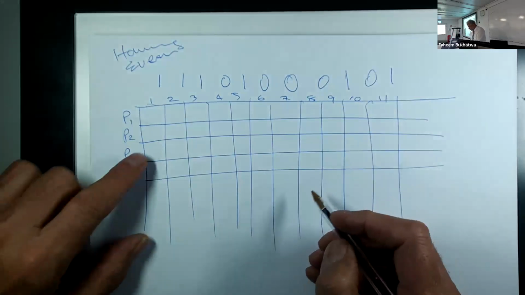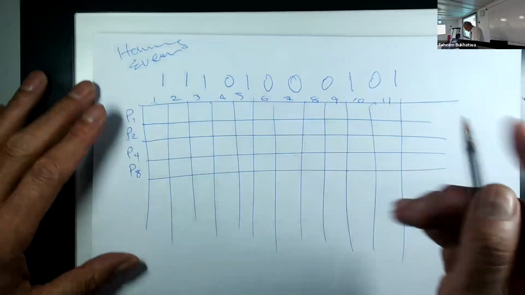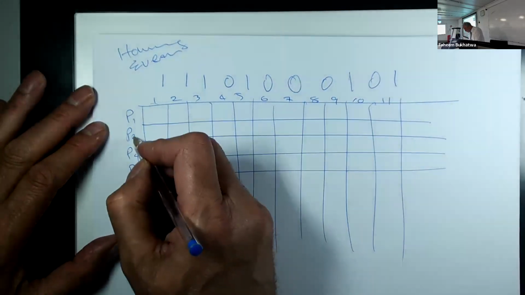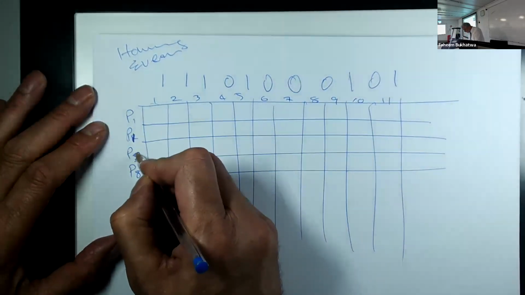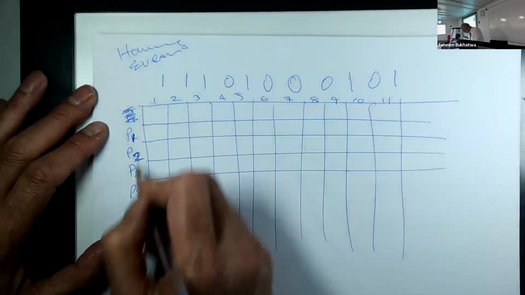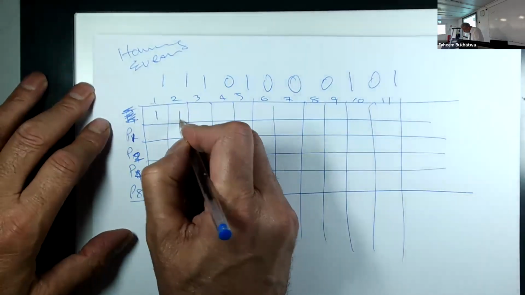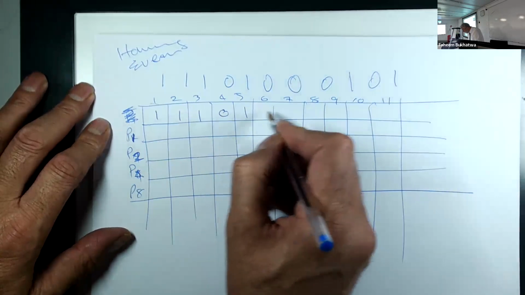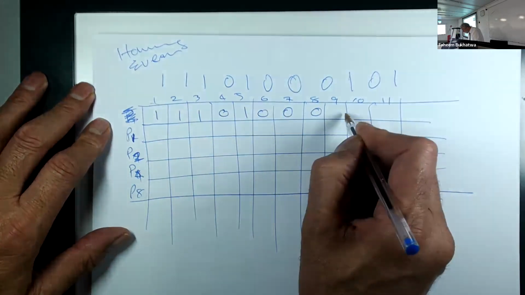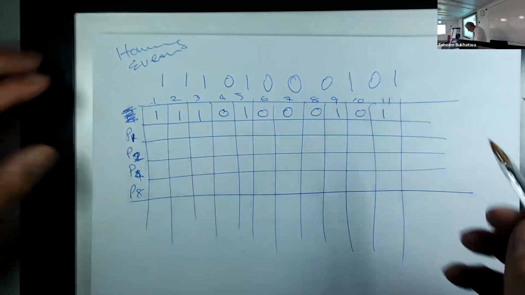We should have lined them up correctly, with P1 here, P2 here, P4 here, and P8 here. This one is just the original frame. So let me put the bits in the right place: 1, 1, 1, 0, 1, 0, 0, 0, 1, 0, 1. Now we have them lined up.